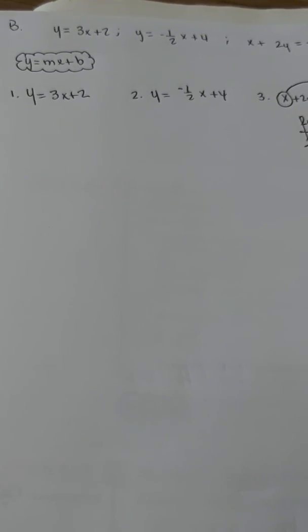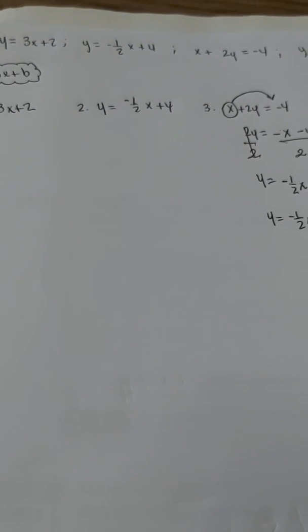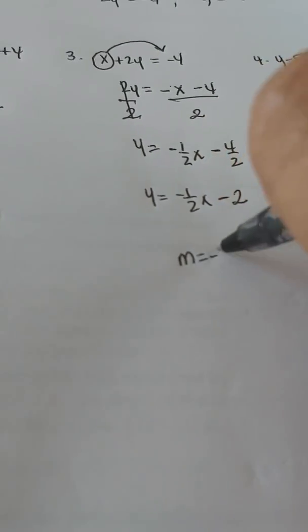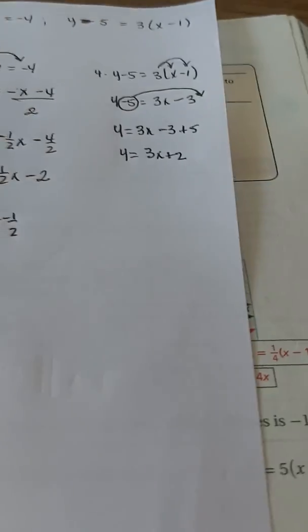So let's identify which ones have the same slopes. For the first equation, the slope m is equal to 3. Equation number 2, m equals negative 1/2. Equation number 3, m equals negative 1/2. And equation 4, m equals 3.